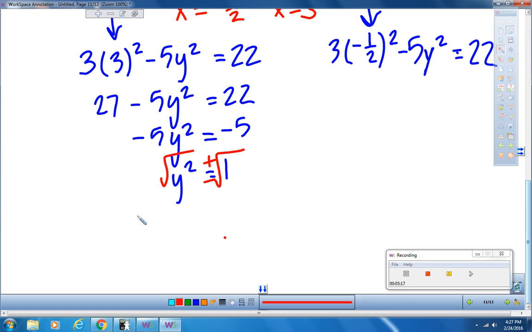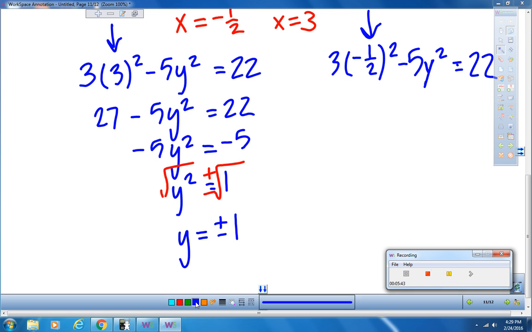Because if I plug in positive 1 for y, 1 squared is 1, but if I plug in negative 1 and square that, I also get positive 1. So both of them work, and I have y equals positive and negative 1 when x is 3.